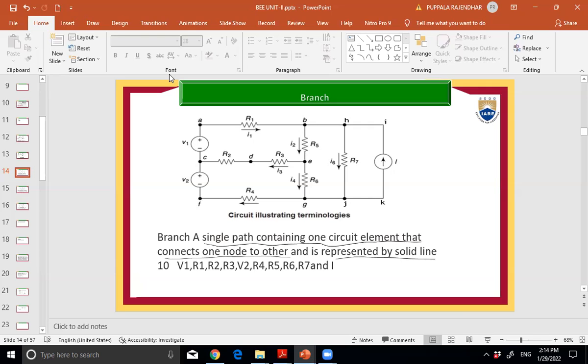This is one branch. This is another branch. A branch is a single path. From here to here, it's one path. If you take this one, between two nodes this element is connected, and we call it a path.